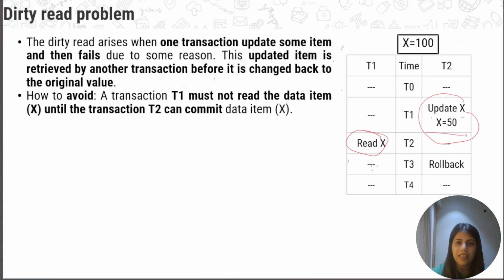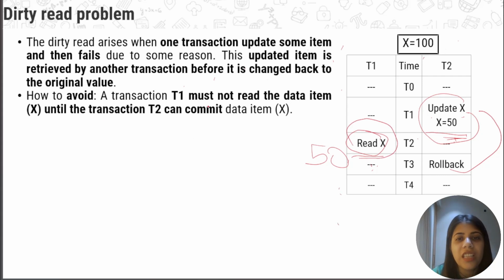So it will get the value of X as 50, but due to some reason it fails over here and rolls back to 100. However, the other transaction has already executed with the X value as 50. So transaction T1 must not read the data item until transaction T2 can commit the data item. This is another problem of concurrency.